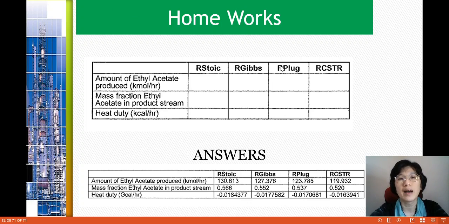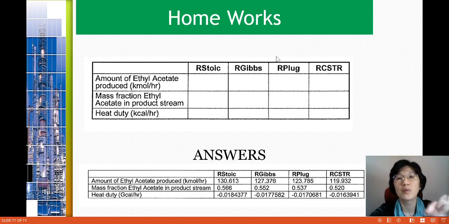Please complete RStoic and also RCSTR. And with this, I think this is all for session 3 for chapter 3 on the reactive processes. I hope you can get some new information here.